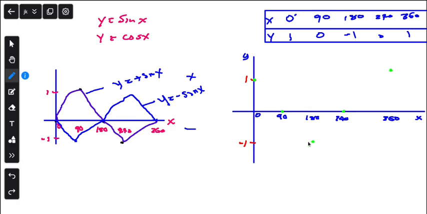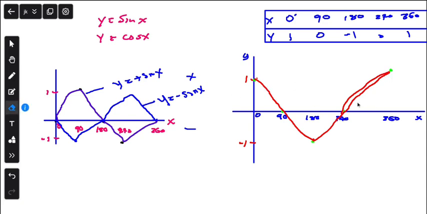So plotting the curve, we are going to have this one here, then here it is going to start from here, passing through 90 and up to this point here, and actually here it needs to be curved like this.